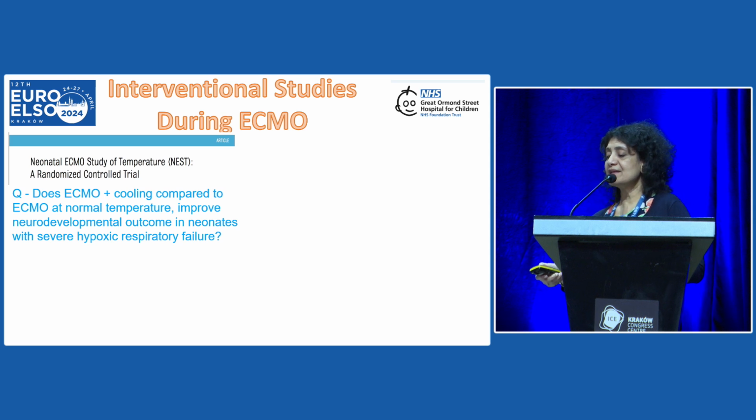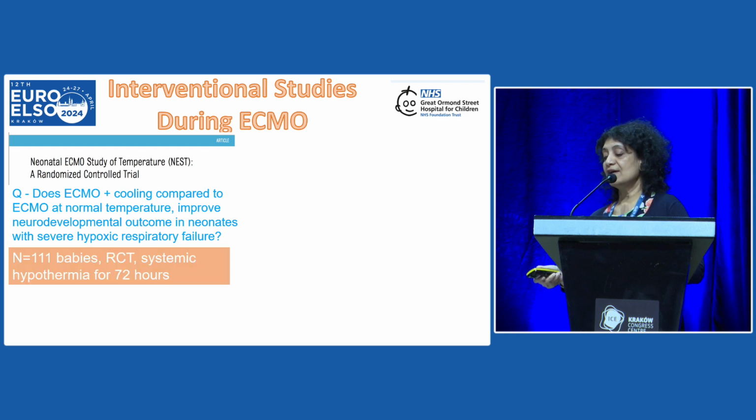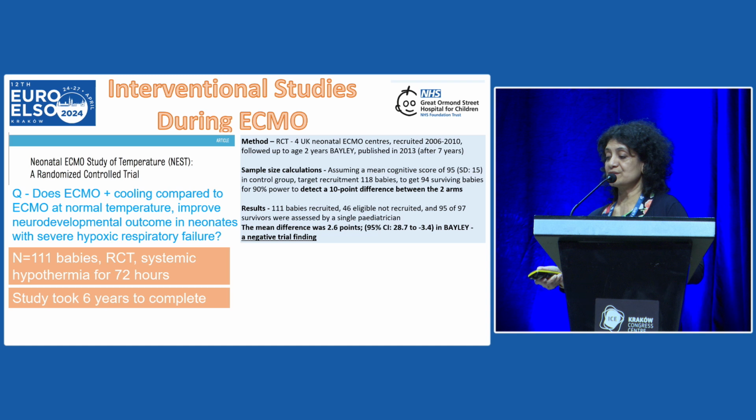Now, a little bit about the NEST study, because it's one of the few interventional studies during ECMO that have been published. 111 babies in an RCT, systemic hypothermia for 72 hours, took 6 years to complete.